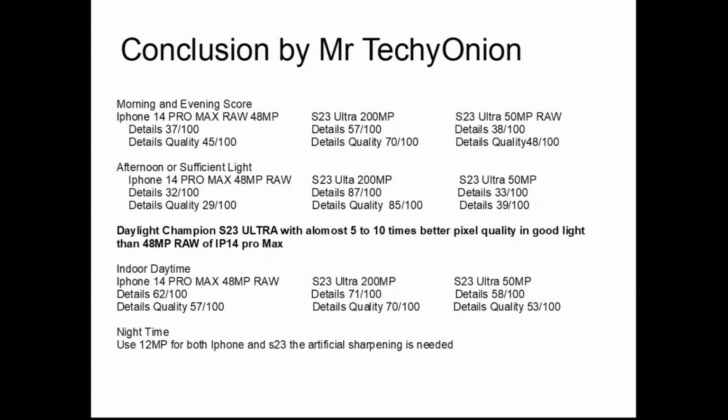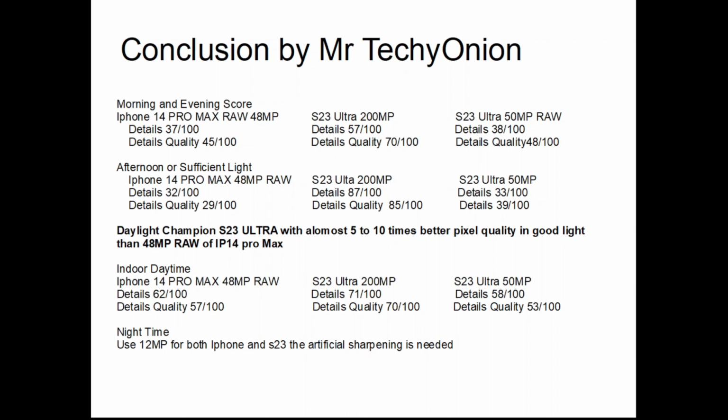So morning and evening, when there is light but not a lot of light. The iPhone 14 Pro Max RAW, the 48 megapixel, the details scored 37 out of 100, the details quality 45 out of 100. The S23 Ultra 200 megapixel, the details 57 out of 100, and details quality 70 out of 100.